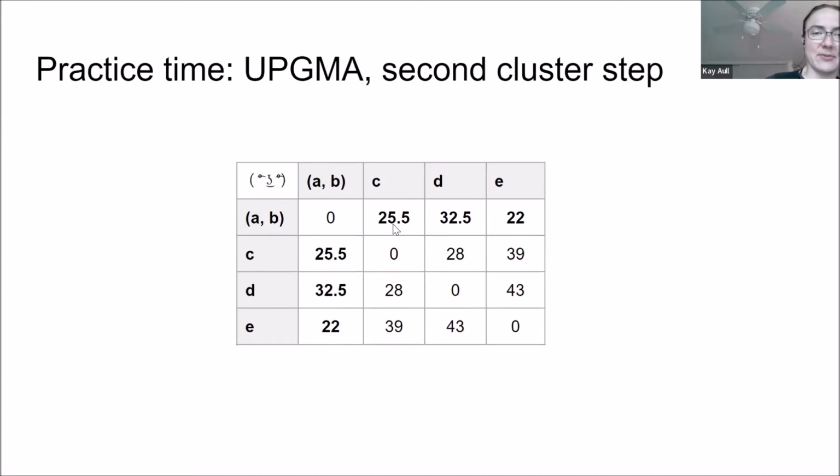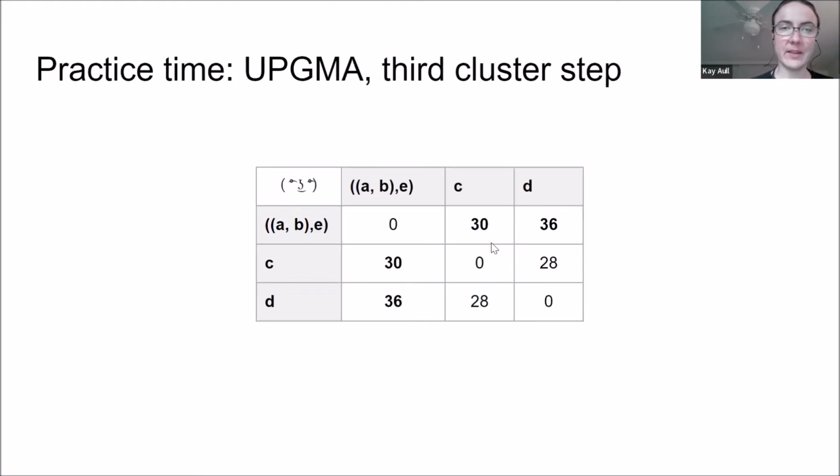And then, okay, what's the difference between E and C? And so that only counts once because E is 1 individual. And so the average would be 2 times 25 plus 39 divided by 3 total. And that's how you would get the difference between the combined ABE cluster and C. And so that's how you would get 30 here instead.